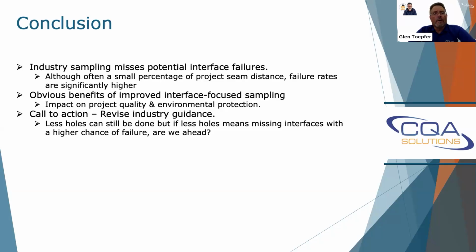All the guidance right now is for less holes, okay, we can reward them less holes in the line, which is good, but is less holes that much better, or maybe even worse if you're not targeting interfaces that have shown that they fail at a higher rate? So that's the thought I'll let you lose sleep over too. I'm not the only one, but anyway, that's the conclusion.